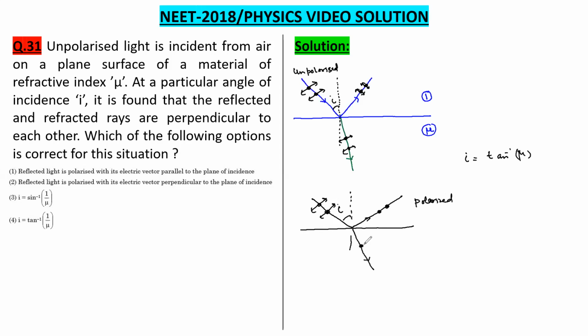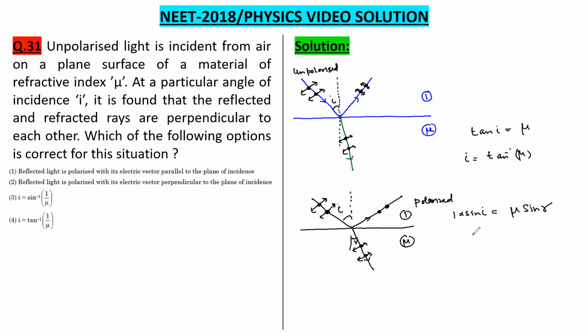So here there are this component and this component, and if I apply Snell's law also, 1 into sine I is equal to mu into sine R, and here tan I is equal to mu.